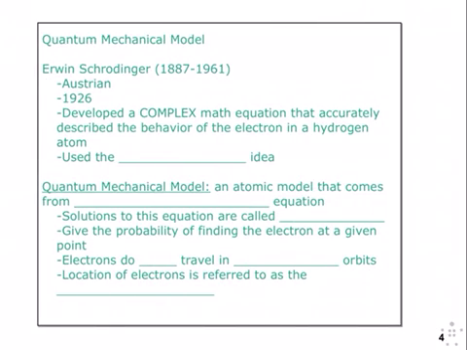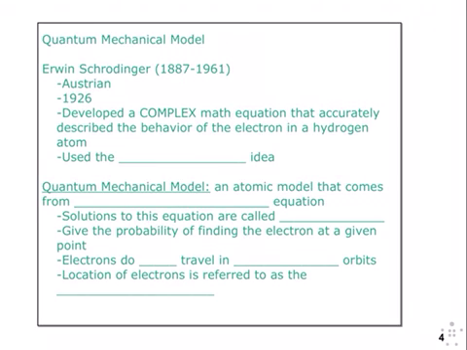So the quantum mechanic model is based off the work of Erwin Schrödinger. He's from Austria in 1926. He developed an insanely complex math equation that accurately describes the behavior in a hydrogen atom. Why would he work with a hydrogen atom? What's the logic there?